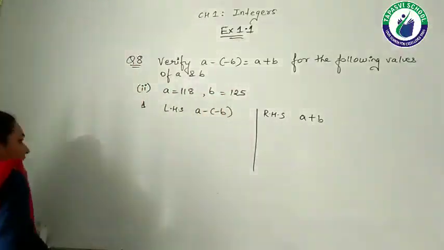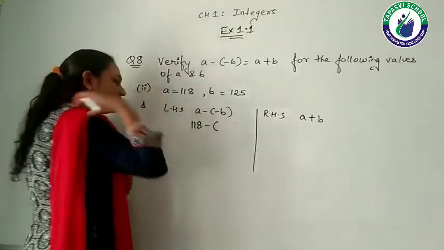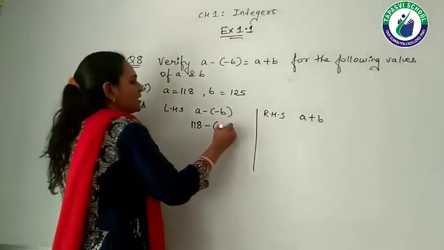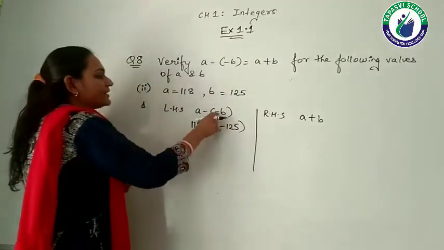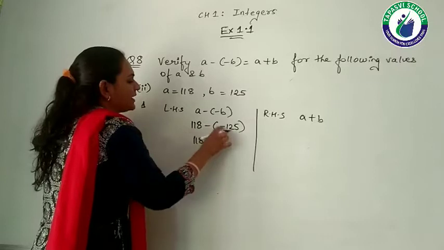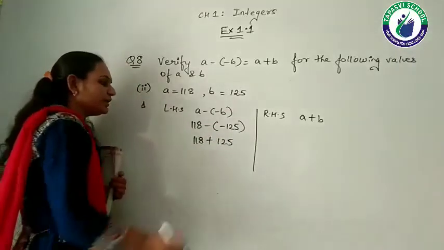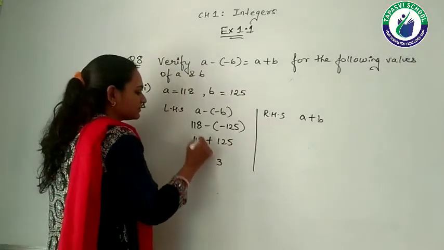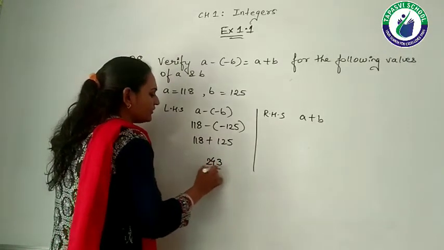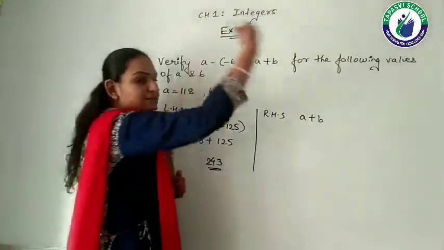Right students? Now the value of A I am putting over here, 118. The value of B I am putting here, that is 125. This sign is already given in the statement. Now minus becomes plus. So 118 plus 125, it's 243. Clear students? Now we are going to solve the right hand side.